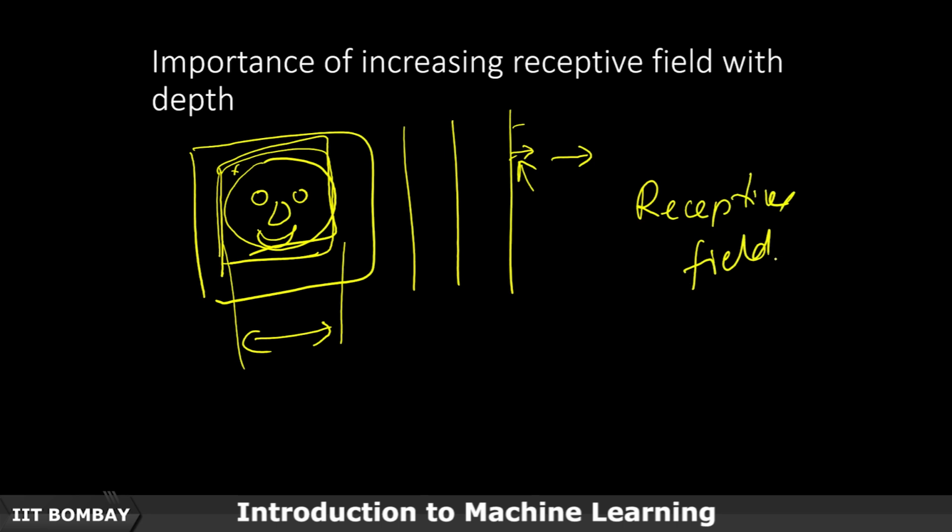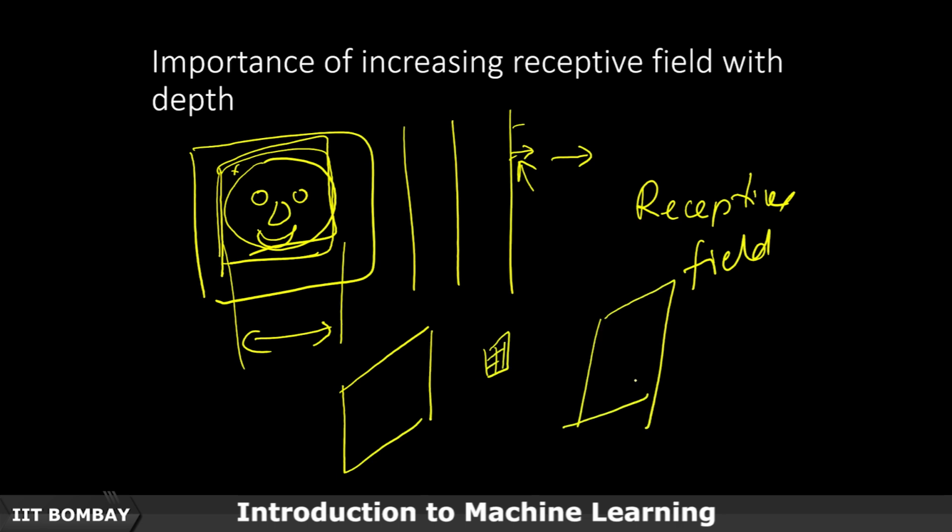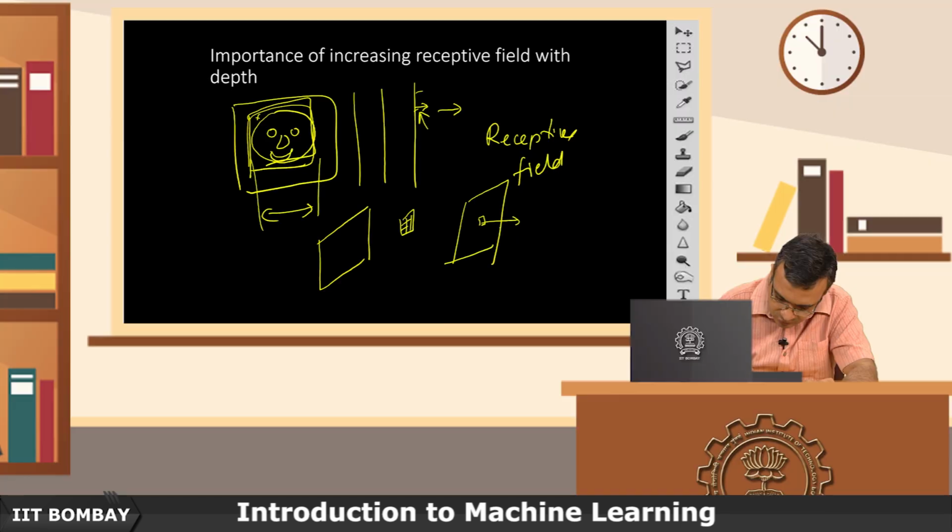An example of this would be, if I have a 3 by 3 kernel and I look at one particular output here, I can only change inputs in a 3 by 3 neighborhood to potentially change this output via this kernel.